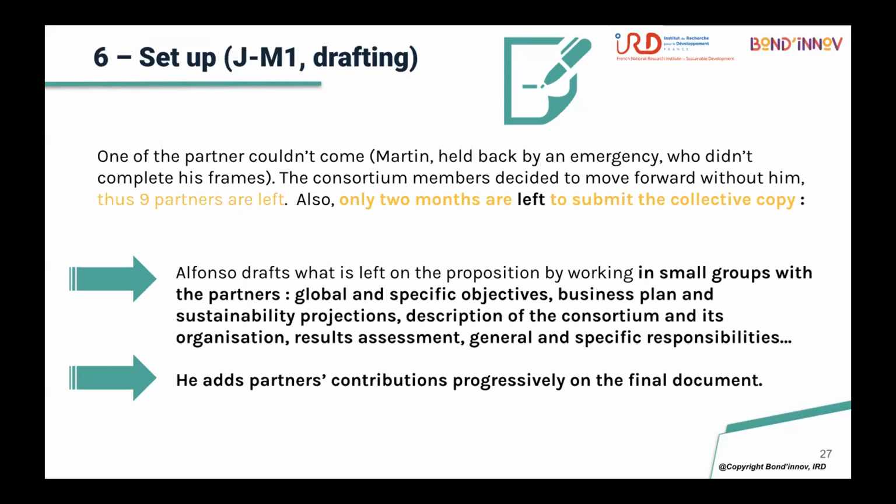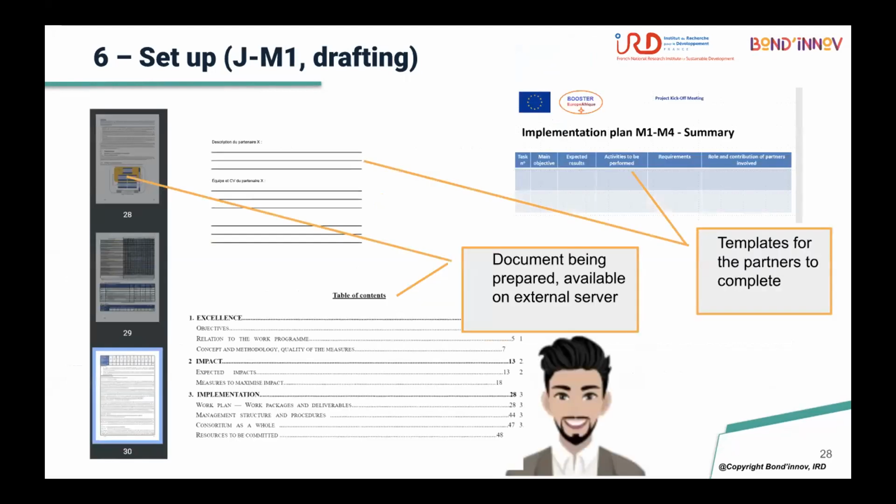So just to summarize, on this step we are managing the remaining part of the project proposal. If you look at the top of the slide, we are at 1 or 2 months before the deadline of the submissions.